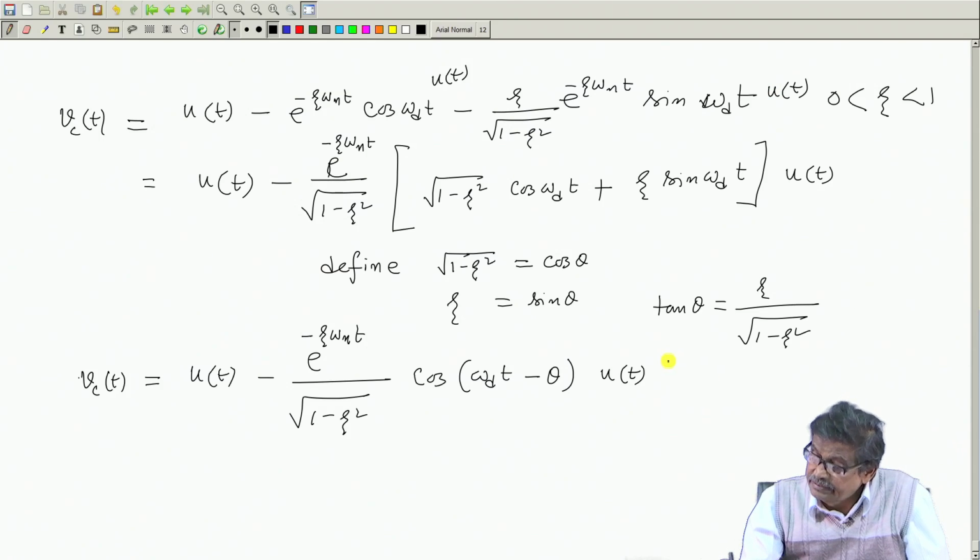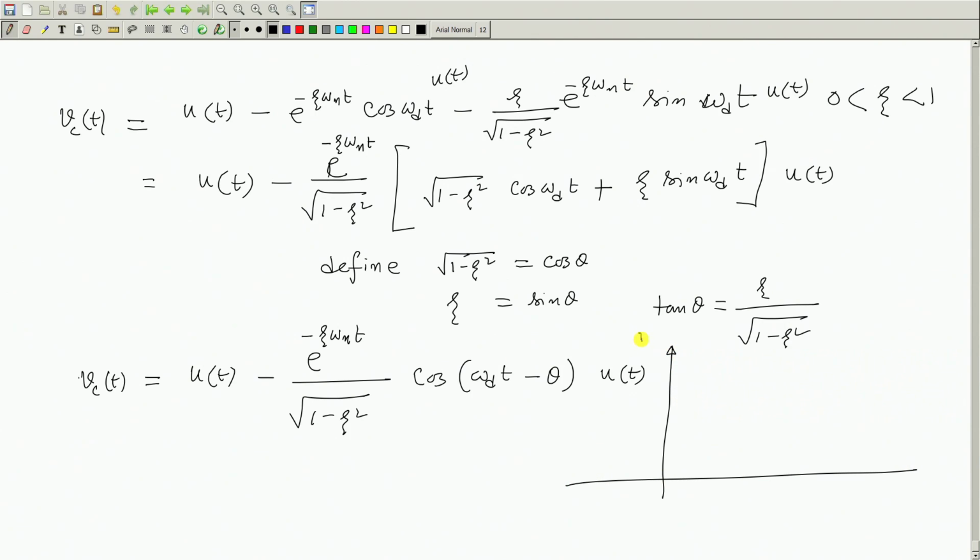Now, in this case if you sketch this capacitor voltage output V c of t, this is suppose 1, this is the level 1 unit step, DC voltage is 1 volt. Then the solution, if you sketch it, will be like this.